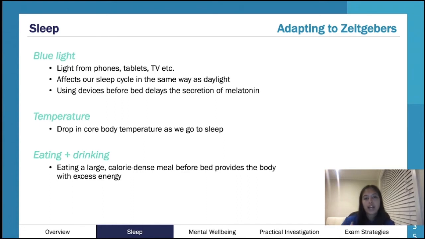But blue light, I'm sure you guys are very familiar with this, coming from your phones, your tablets, when you're using them in your bed, when you're using them at night before bed, your brain is basically saying, okay, this is blue light, and it's telling the SCN, and then it's saying, okay, don't secrete melatonin, because it thinks it's daytime. Because blue light and daylight work the same way in the brain.